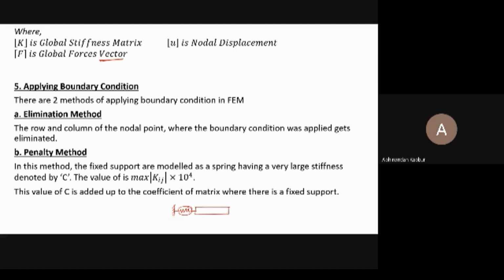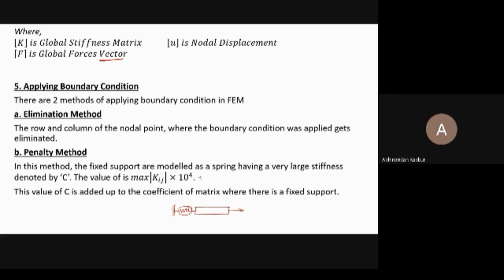When I apply the force here, if this force creates deflection in the spring, then definitely there will be some deflection at this end. If this force doesn't cause any deflection in this spring, then it is as good as completely constrained. Are you following this? So that is what we consider the penalty method, where we take the maximum value in the stiffness matrix and multiply it by 10 raised to 4. So why am I multiplying with 10 raised to 4?